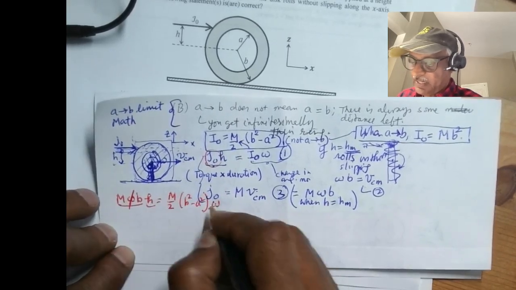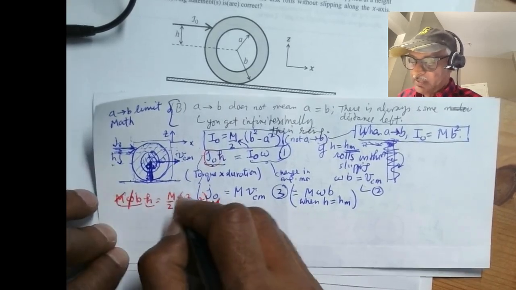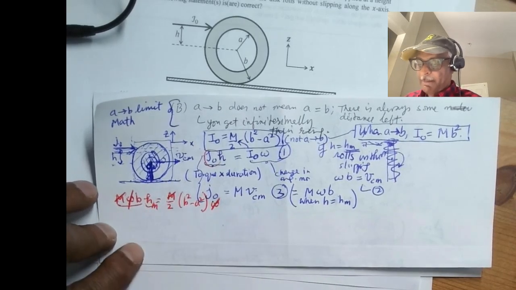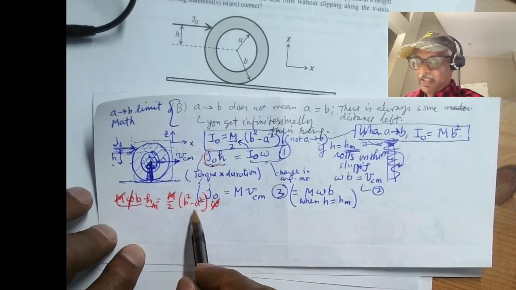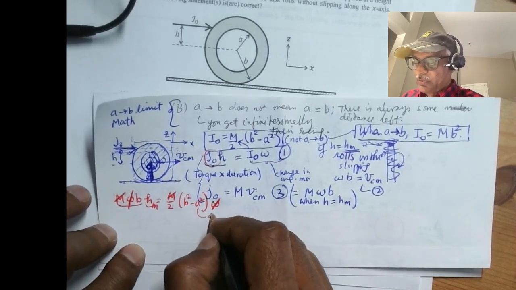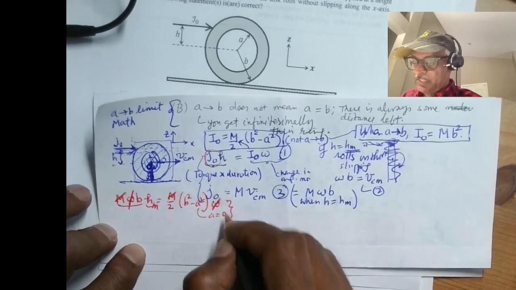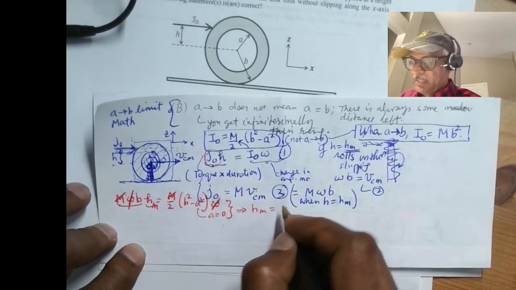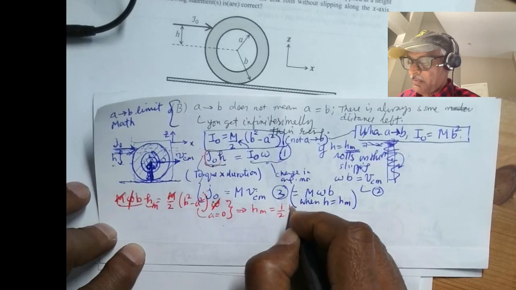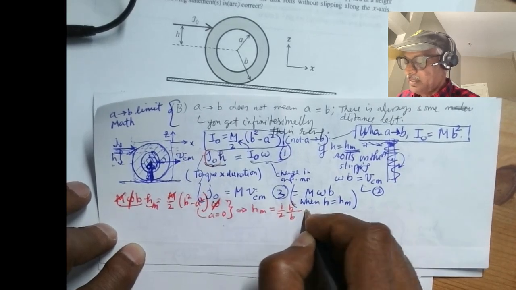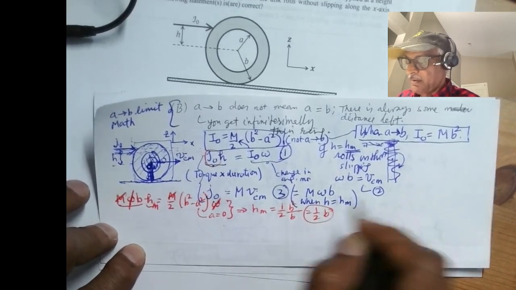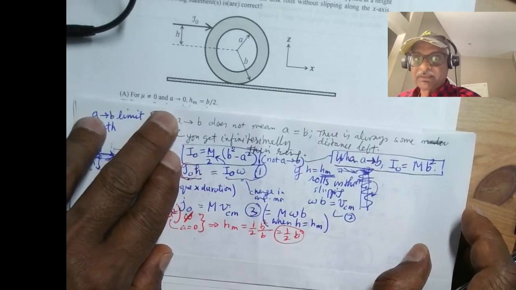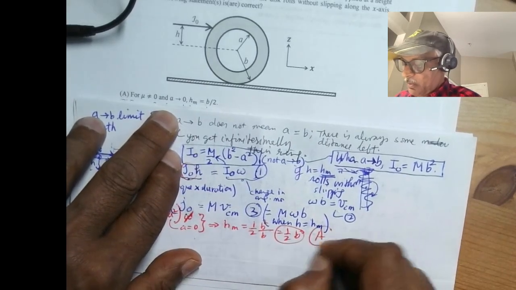So this omega cancels out, m cancels out, and this is hm. When A equals 0, that means the whole thing is a disk. So hm is half b square over b, which is half b. So let's see if A is correct. Okay, so this means A is correct.